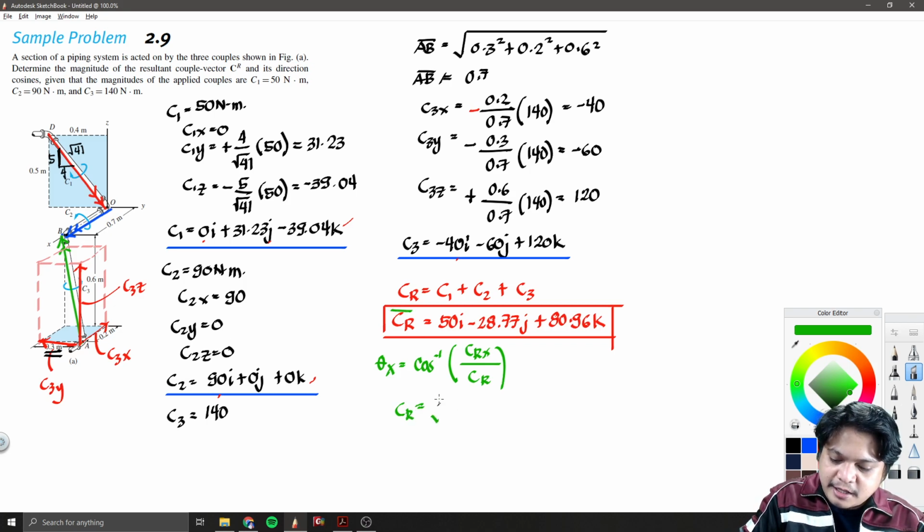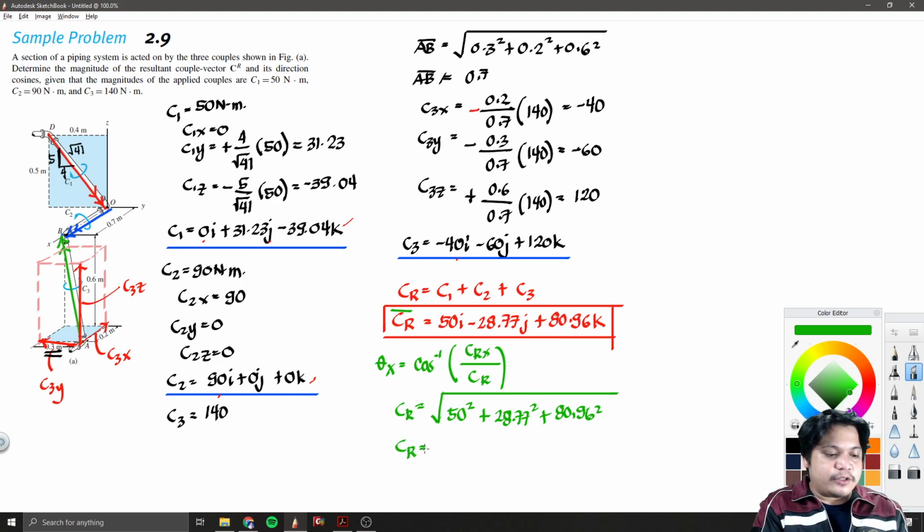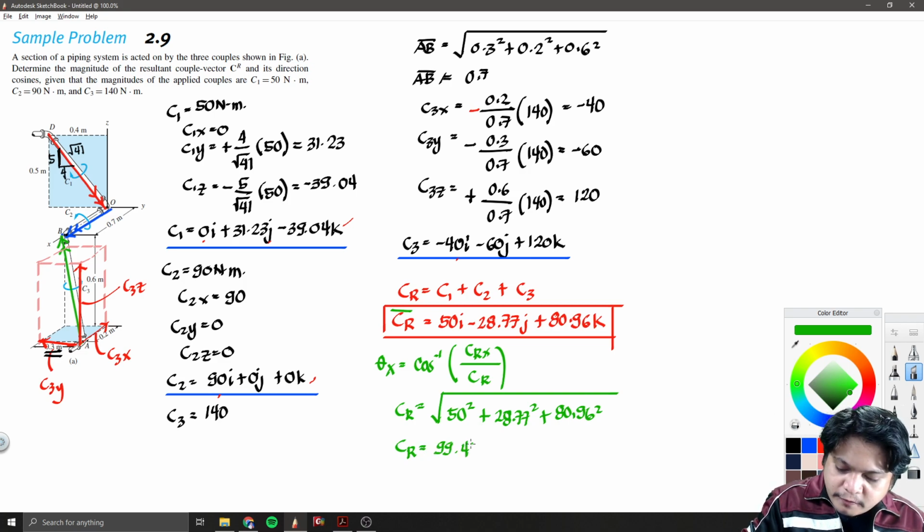So, CR natin, that is square root of 50 squared plus 28.77 squared plus 80.96 squared. Or that's around 99.41 Newton meter.